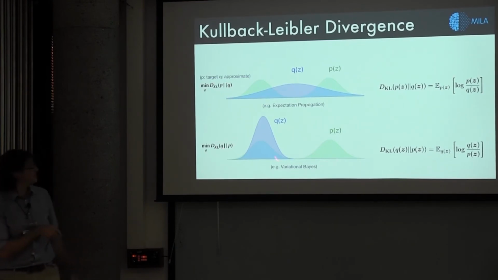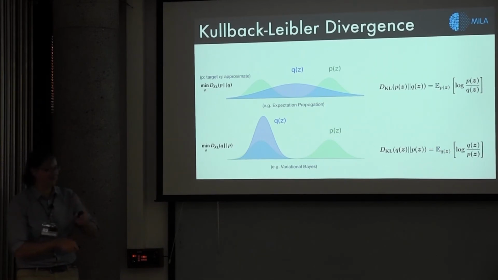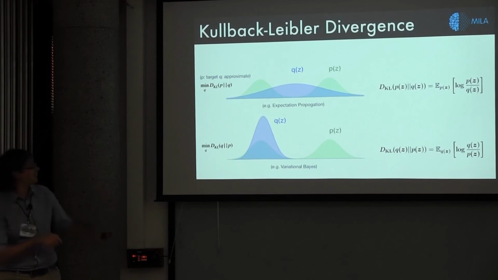And variational methods belong to this category here. And it's very important that they do, because this Q here is usually going to be something that's tractable, and it needs to be in order for this expectation to be tractable. So this is the kind of KL we're using. I haven't shown you really how we're using this yet, but it's just important to know that this is the one we'll be talking about.